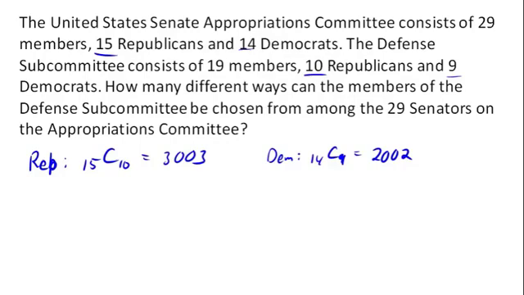Well, there's 3,003 possibilities for choosing a Republican contingent, and there's 2,002 choices for choosing a Democratic contingent, and so we simply multiply those together, just like our restaurant choices, and we end up with a very large number, over 6 million different ways of selecting the members of the subcommittee.